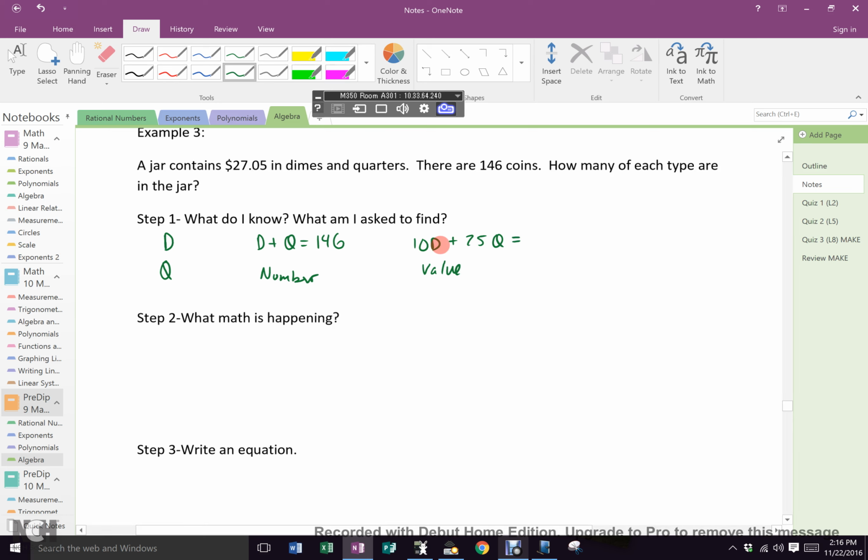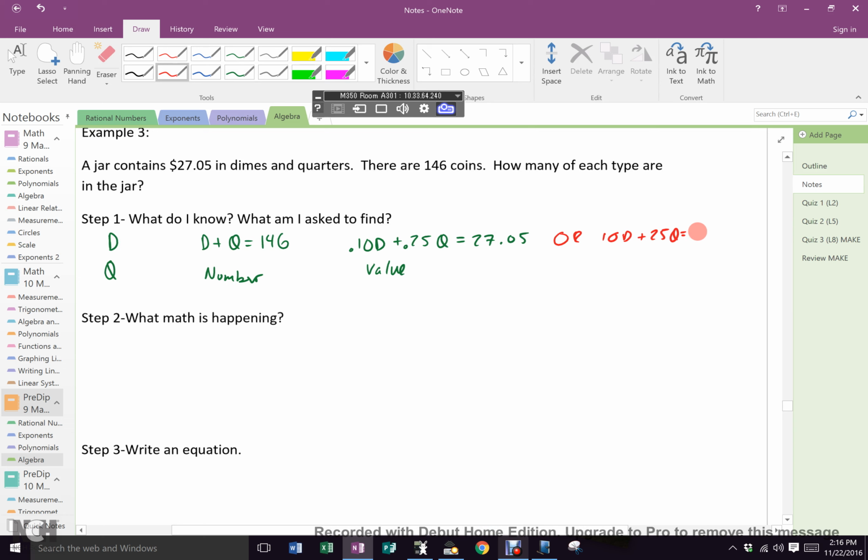It has to be in cents. I either have to have 0.10 and 27.05 or 10 plus that. 10D plus 25Q equals what? Not 0 point, other way. Yeah, 27.05, right?